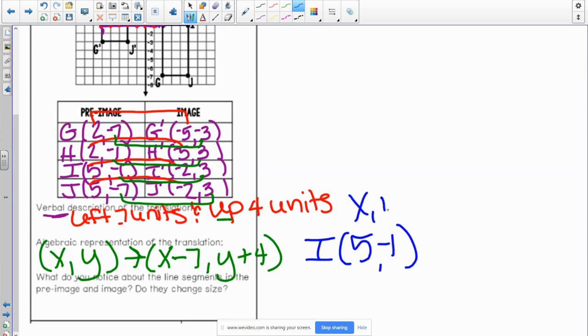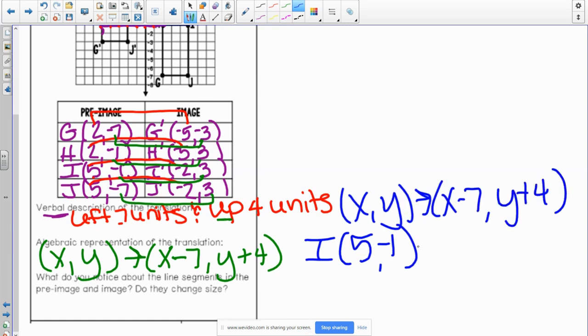So that's the normal xy. And it yields, again, x minus 7, y plus 4. Well, if I didn't have a graph to look at, I can see that if I take 5 and I subtract 7, that is going to get me at -2, because 5 minus 7 is -2.